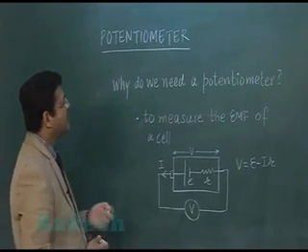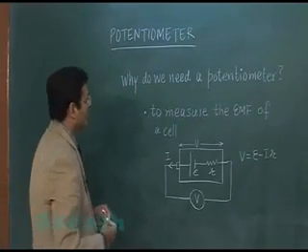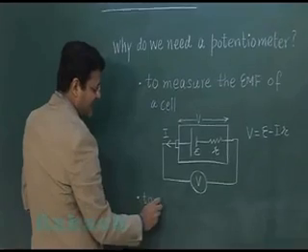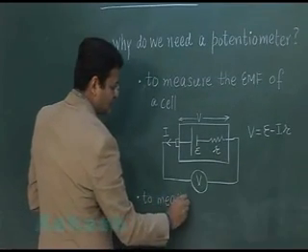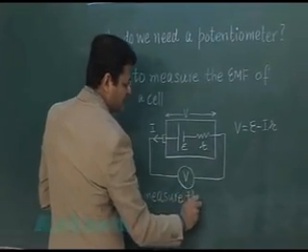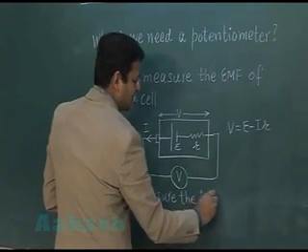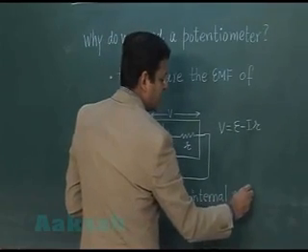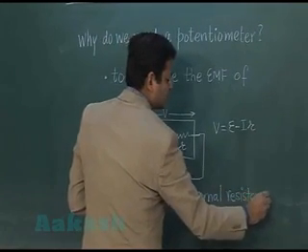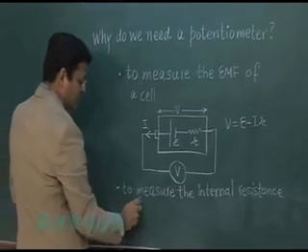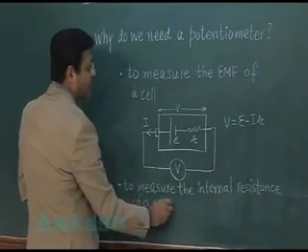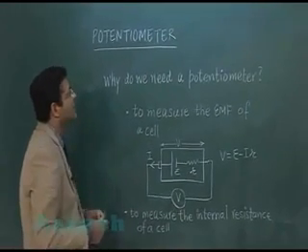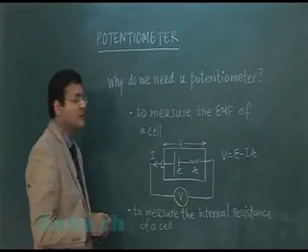Secondly, an additional advantage is that to measure the internal resistance of a cell, this device is very well suited. So these are, you can say, the two main functions we will be performing with the help of a potentiometer.